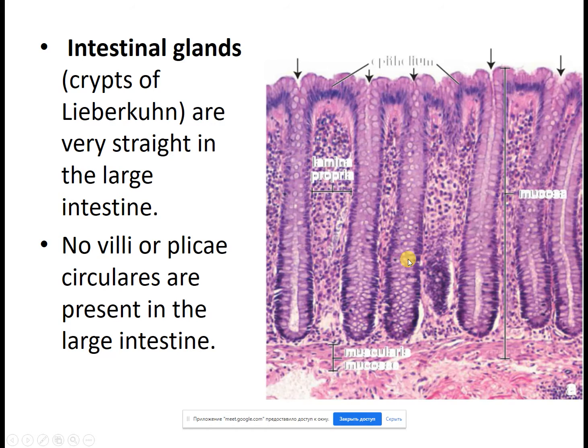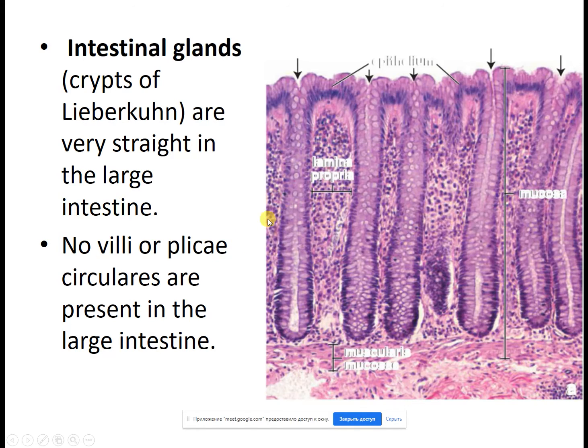So that's the idea. Below the epithelial lining, between the glands, we have lamina propria. Lamina propria is a gentle, loose connective tissue, and here we have a lot of lymphocytes. In any other organ we could claim that this amount of lymphocytes is due to chronic inflammation or something, but here this amount of lymphocytes is absolutely normal.